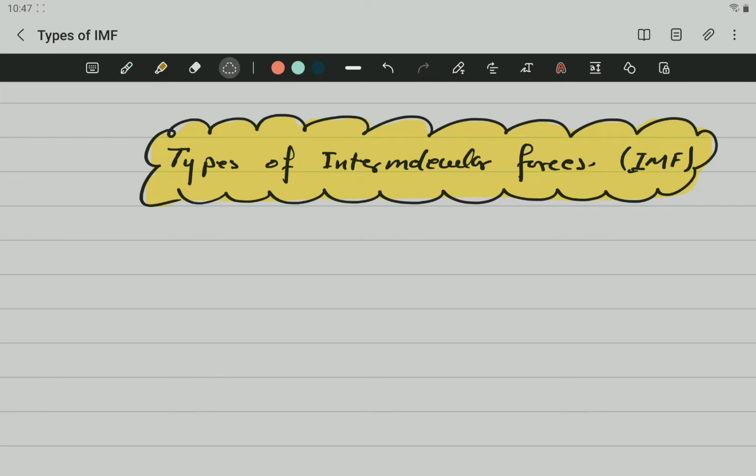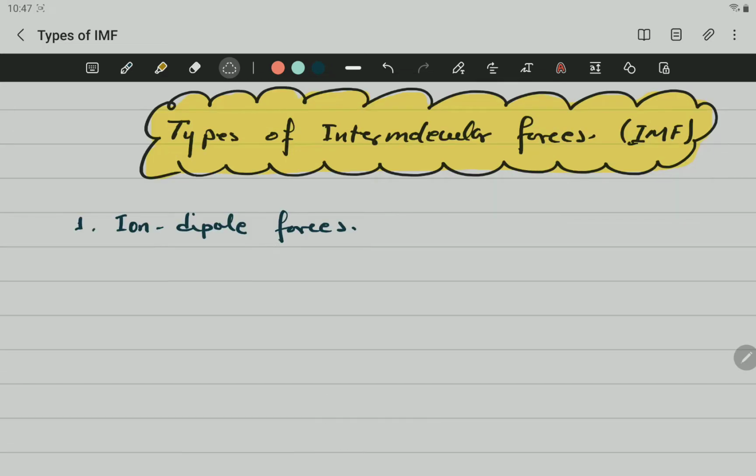Let's first start listing the different types of intermolecular forces that we are going to be doing here in class. The first one is related to ions, and is called ion-dipole forces. We will later on speak about ions.